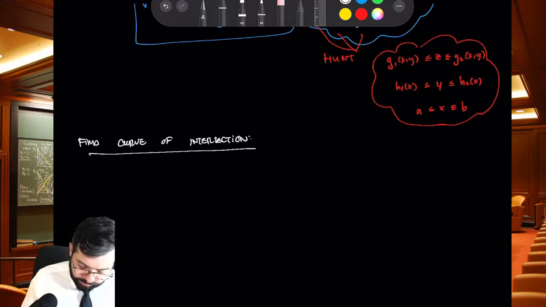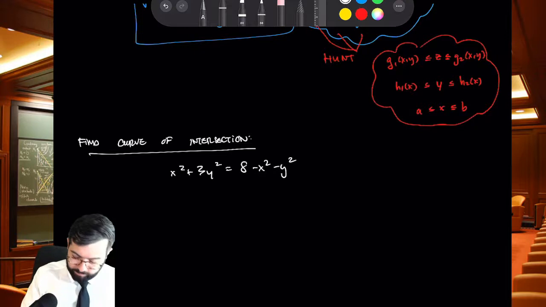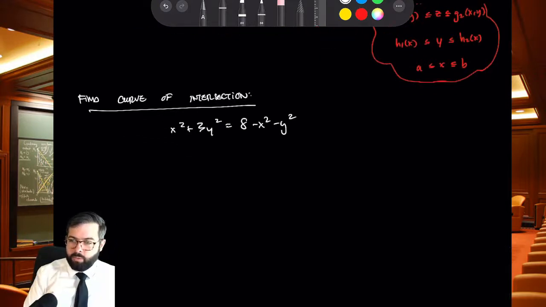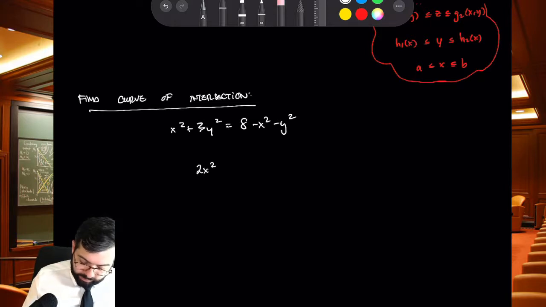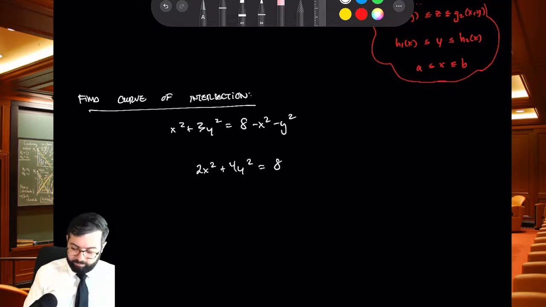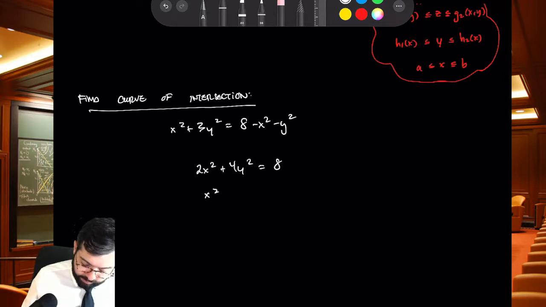So the curve of intersection: set the z's equal, so we get x squared plus 3y squared equals 8 minus x squared minus y squared. We solve and get 2x squared plus 4y squared equals 8, which we can divide everything by 2 to make life a little easier.